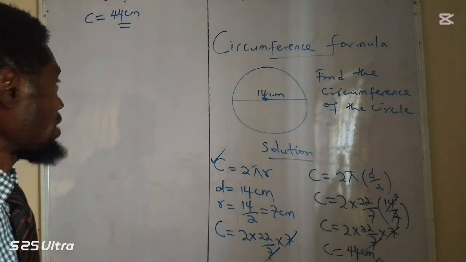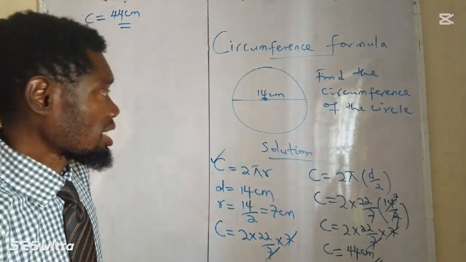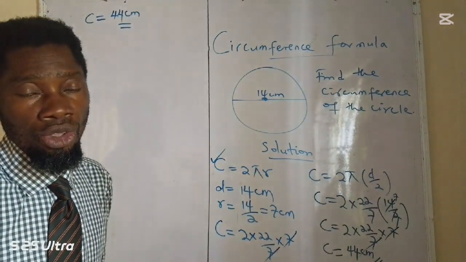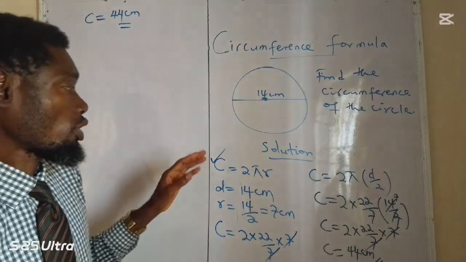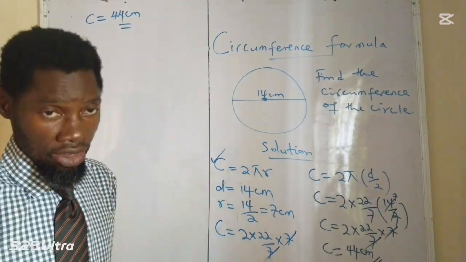So once you're given a problem to solve that has to do with the circumference of a circle, you have to decide the formula to use. If you choose the first formula, C is equal to 2 pi r, it goes well for you.